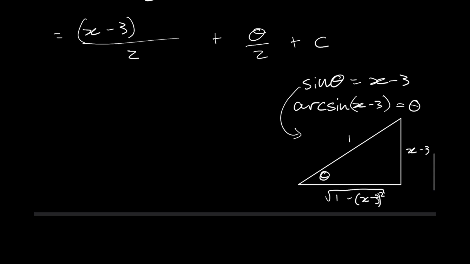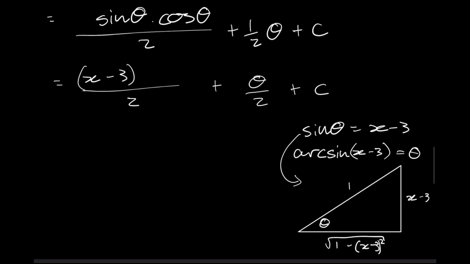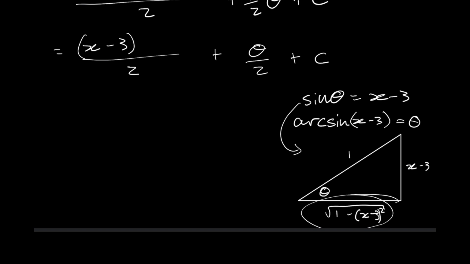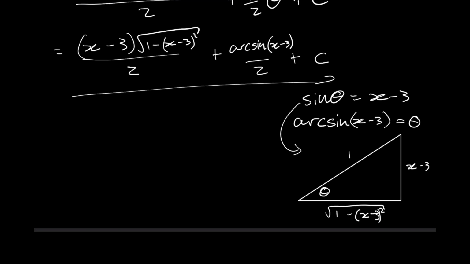Okay, so how does that help us? Well, we're looking for cosine of theta to substitute in over here. Now, cosine of theta is equal to the adjacent side over the hypotenuse. So we can then substitute in this term, which is the square root of 1 minus x minus 3 squared. And I said for theta, we can substitute in arcsine of x minus 3. And we have therefore solved the integral in terms of x.